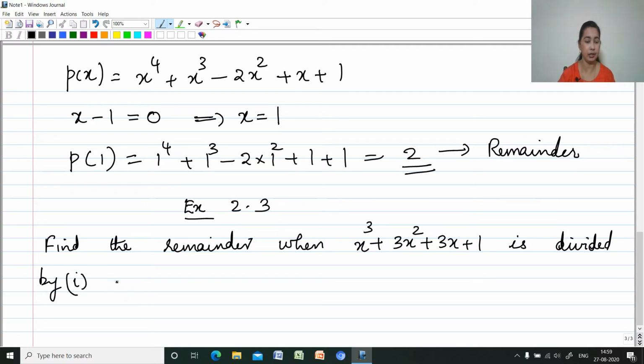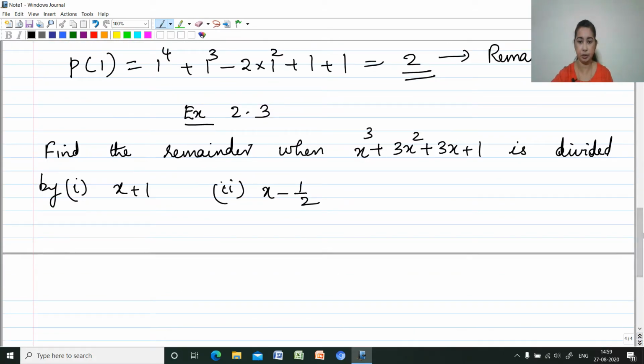First question, if it is divided by x plus 1. Second question, if it is divided by x minus 1 by 2. So it is actually two questions here. We will consider the first one with x plus 1, and the second one with x minus 1 by 2.